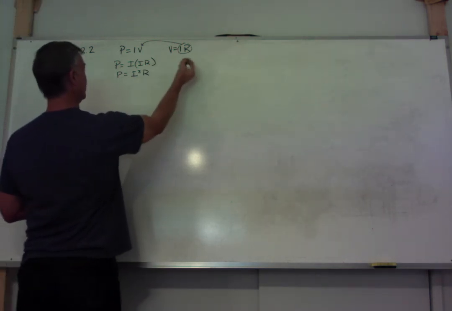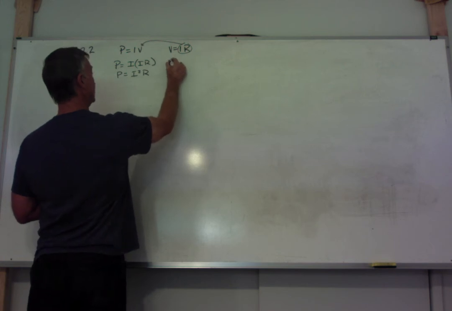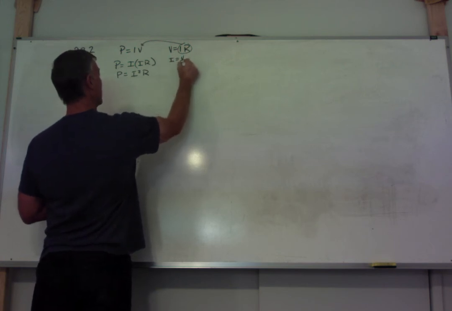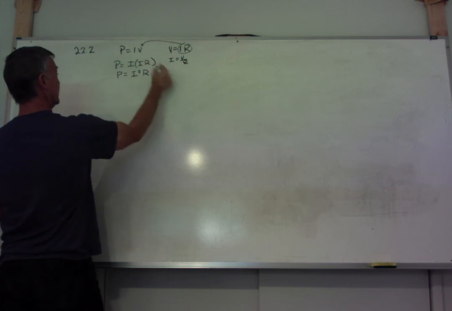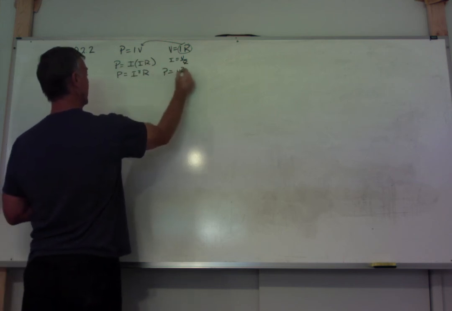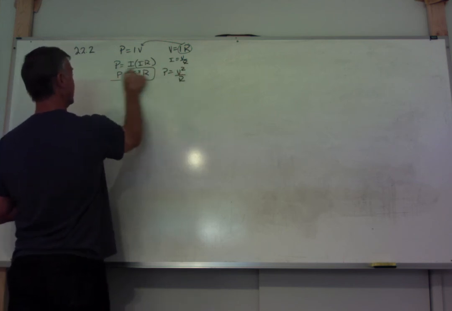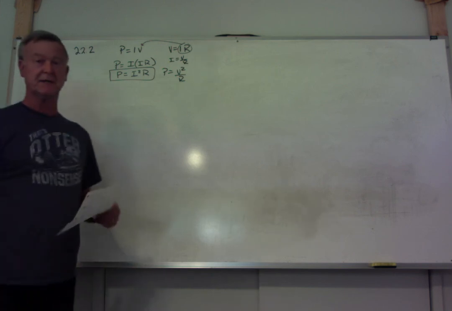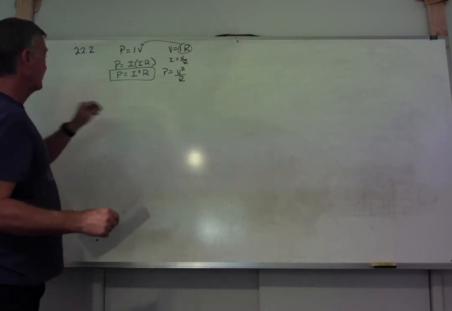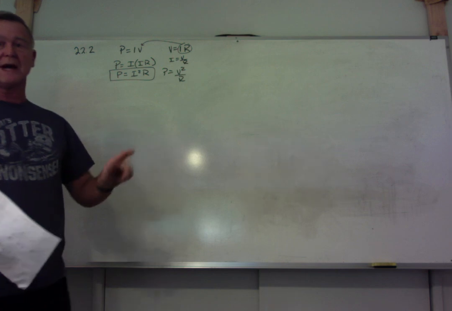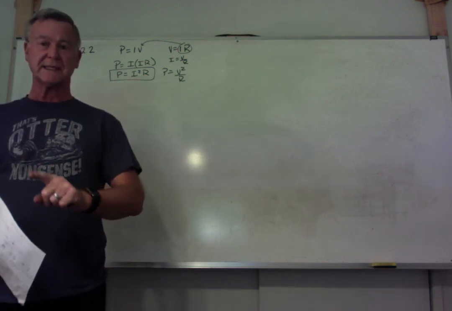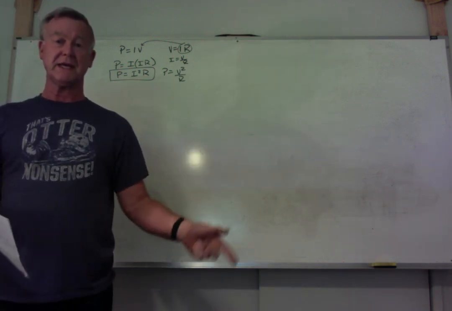By the way, we could also do the same thing and write that I is V over R, plug that in here, and you would get this equation as well. But I will tell you from experience, it's this one that we're going to end up using most of the time. Power then is directly related to the resistance and the square of the current.